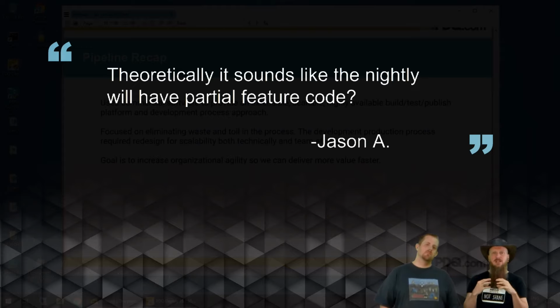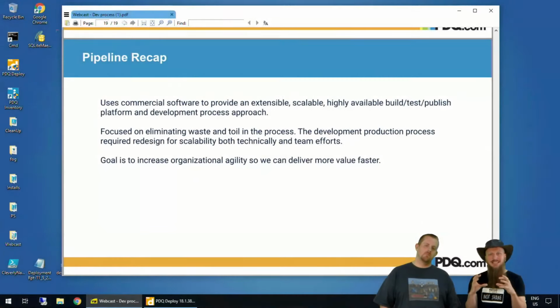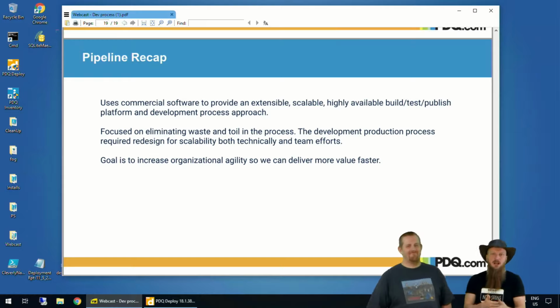But the idea is that we can toggle that latent code on and off, so the beta would have it on or off, depending. What we're going to provide you is the means to toggle that feature, because we realized, as to your point, maybe it's incomplete in this regard. When we want you to see it, we'll toggle it on for you, but otherwise it would be latent in the code.